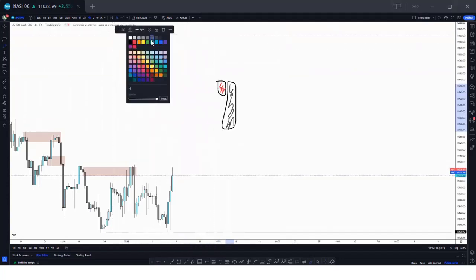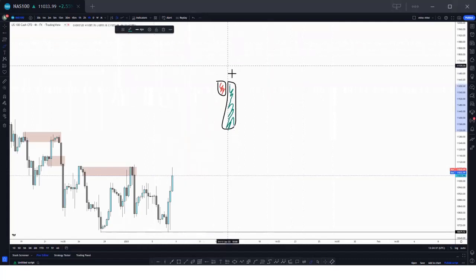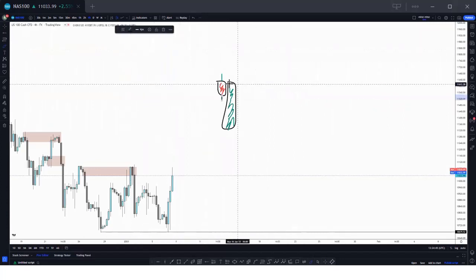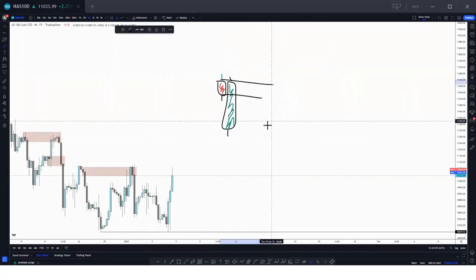When we say order blocks, we don't just mean the last bearish candle before that big momentum which takes price on a downtrend or an uptrend. We're talking about not just this, but the main confluence which makes this a point of interest.